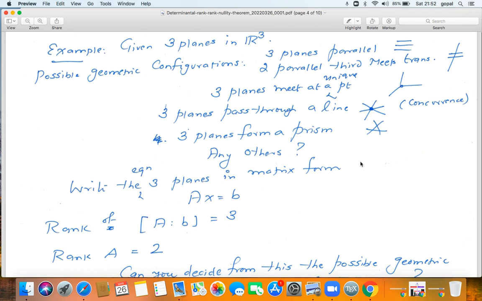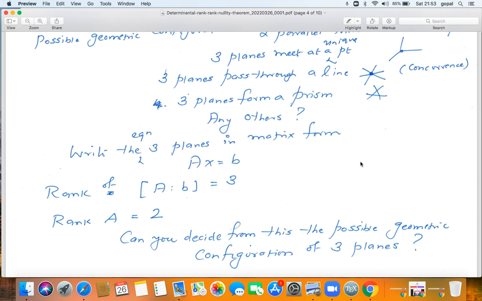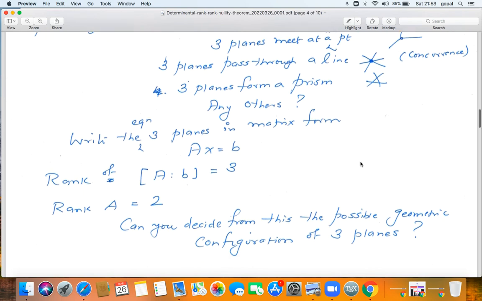You can try your hand. You have a gold mine of problems in the Schaum series at varying levels of difficulty, so you take your pick. So that is one book I would like to recommend. Another book which is very nice is the book by Hoffman and Kunze or Hurston and Winter, Linear Algebra and Matrix Theory. That's also a very user-friendly book. That also has a large number of problems, solved and unsolved, both, so you can try that.